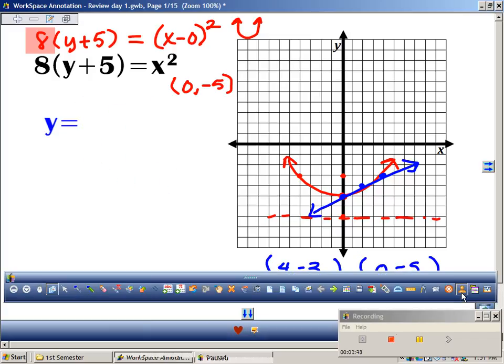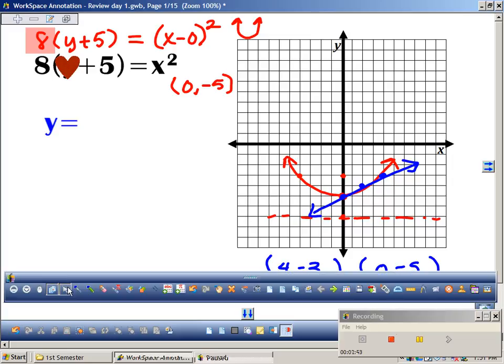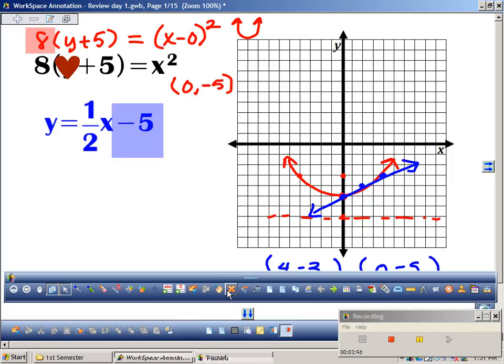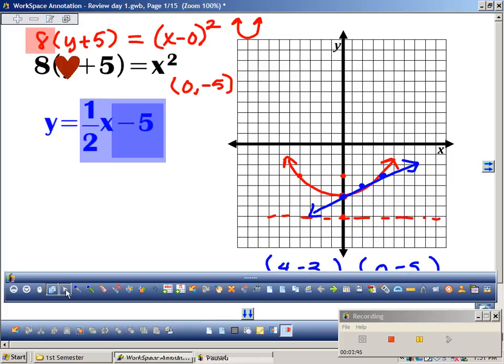Let's pretend that y equals a heart. Okay? If y equals a heart, couldn't I put a heart right there for y? Right? Okay, well, y doesn't equal a heart, though. Y equals that. So we're going to put that right there, where the heart is. Okay? Does everybody agree? Does that help a little bit?